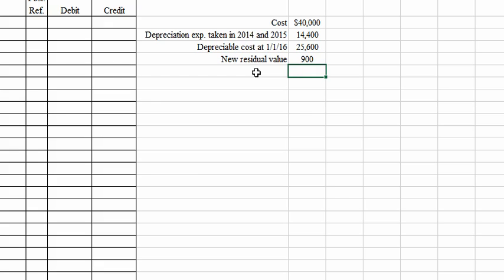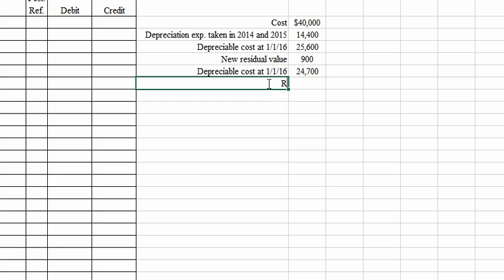So we want to subtract that out. So our new depreciable cost at the beginning of January 2016 was $25,600 less our new residual value. That leaves us with a depreciable cost at the beginning of January 2016 of $24,700.